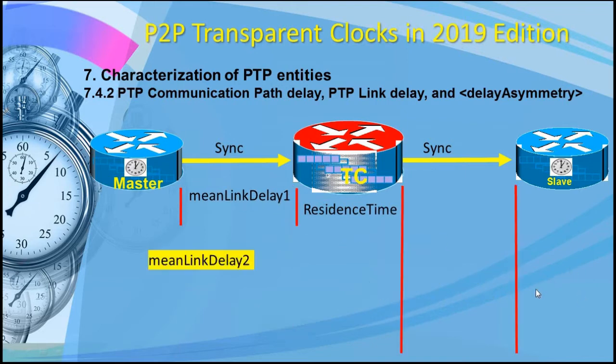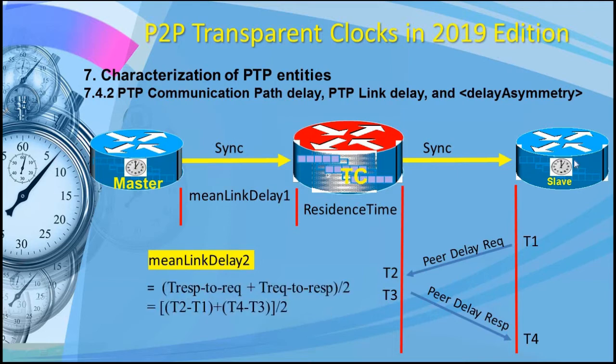We also mentioned the second link delay, between transparent clock and slave. How do we calculate this link delay? At timestamp T1, the slave side sends out the peer delay request. At T2, the transparent clock receives the peer delay request. At T3, the transparent clock sends out the peer delay response.